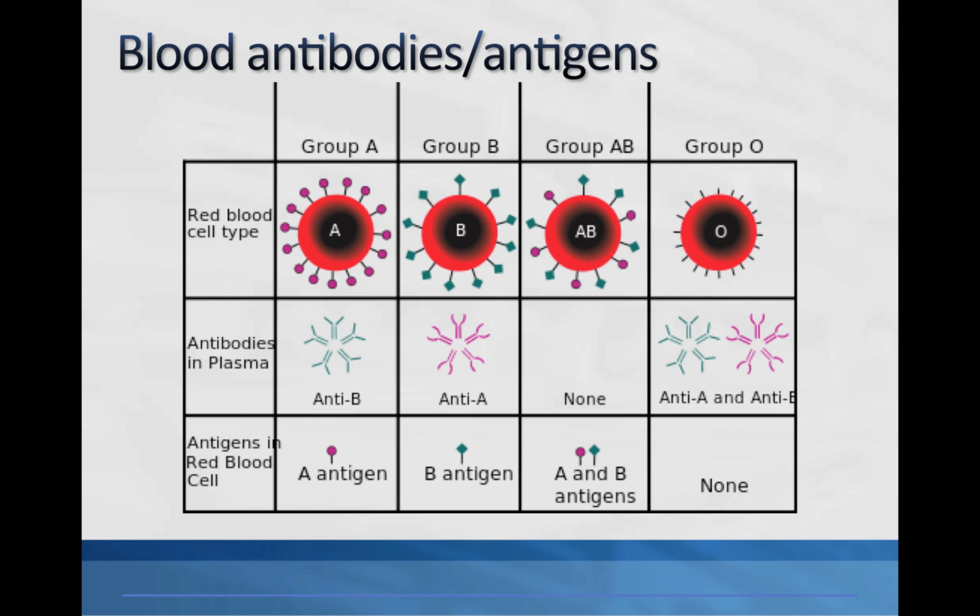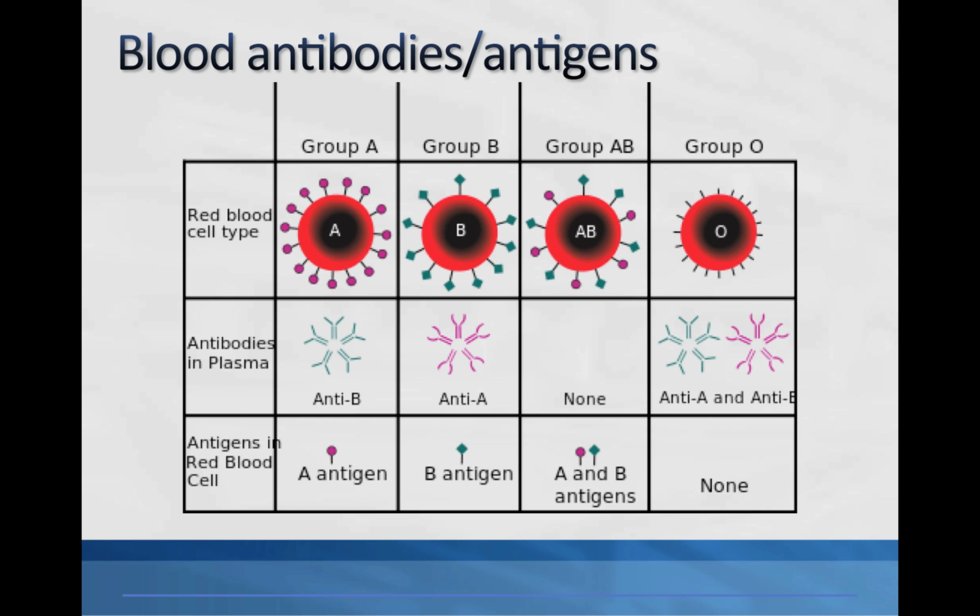That Y is what attaches to the antigen, and it's like a lock and key. The antigen has to match up to the antibody for them to connect. Thus, type A blood can take type A blood because the anti-B antibody will not attack type A. It's only going to go after type B.